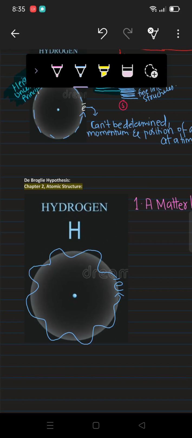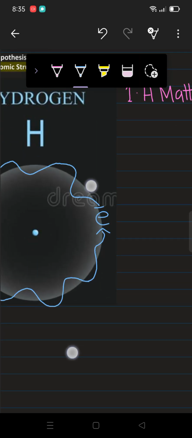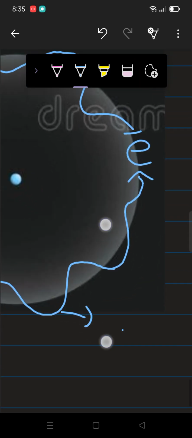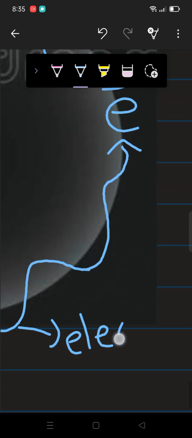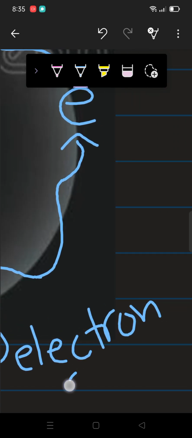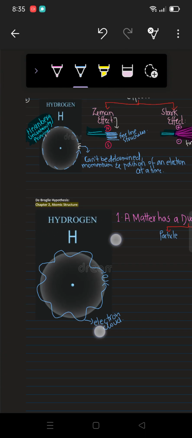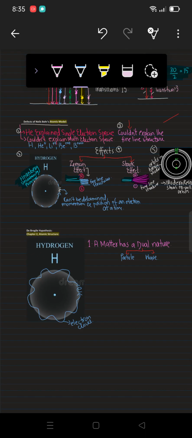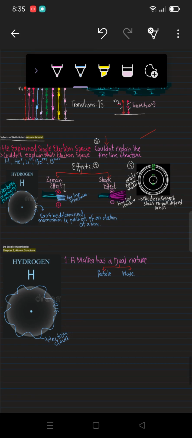It will make an electron cloud, right? This is what it is, electron cloud. So it can behave as a wave, and it can behave as a particle as well.